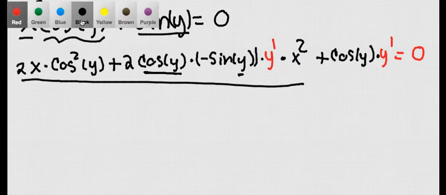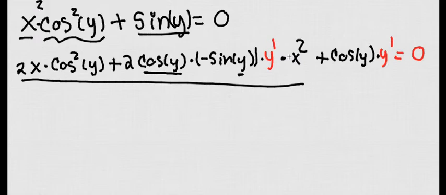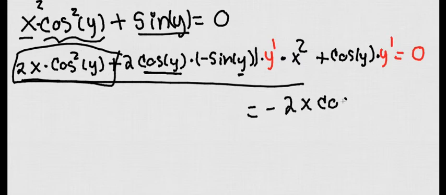All right, we're almost there. Now that I have this, I'm going to go ahead and clean it up. Now, let's move whatever does not have y prime to the other side. So I'm going to put this 2x cosine squared of y to the other side, negative, because it's going to the right side. Here, let's clean it out.